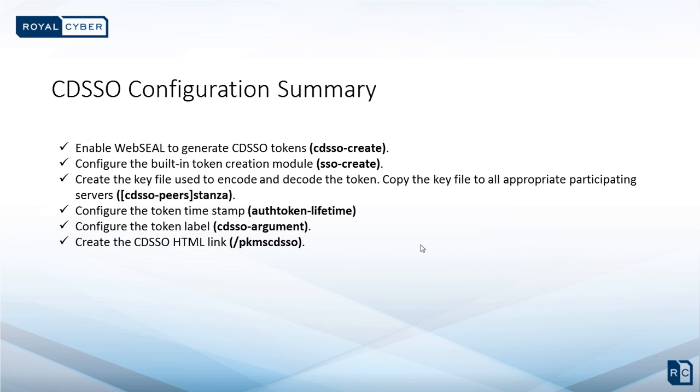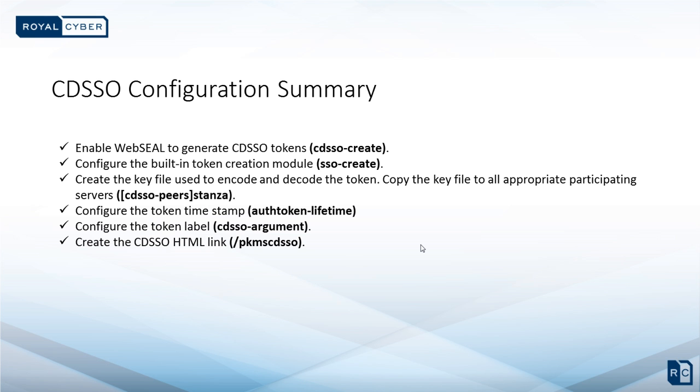Here are the main CDSSO configuration parameters to achieve cross-domain single sign-on. As you can see, to enable WebSeal to generate a CDSSO token, there is a parameter cdsso-create in the config file. The file would be named webseald-instance name.conf.